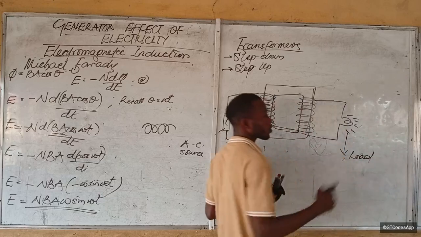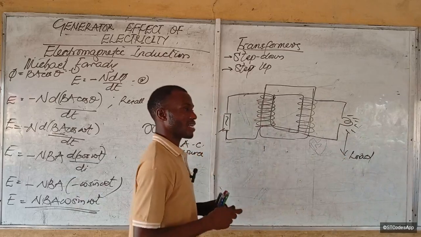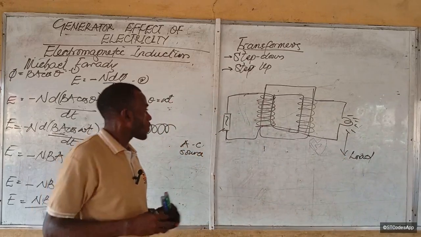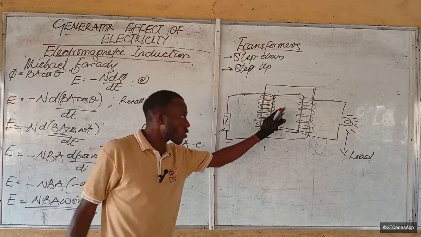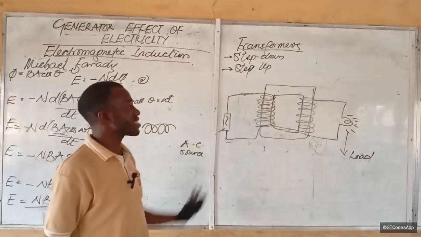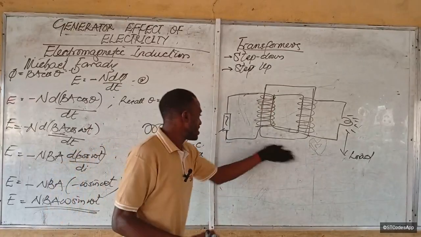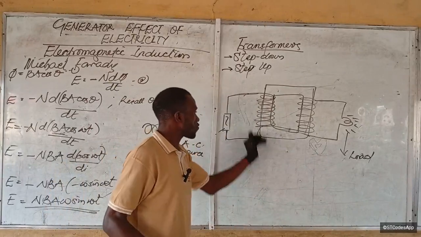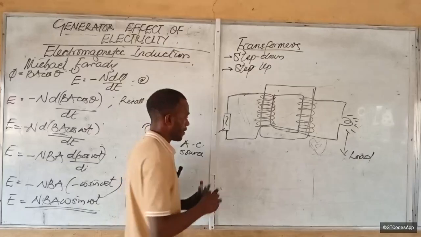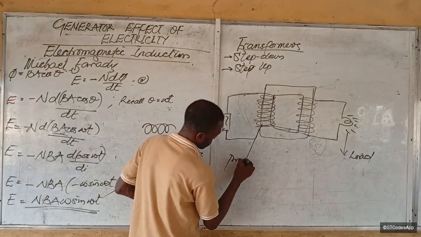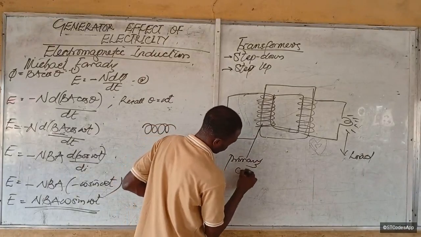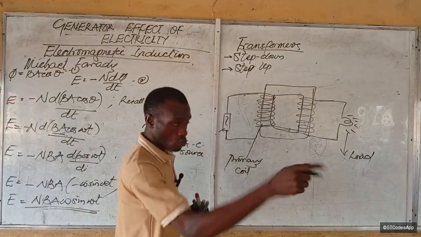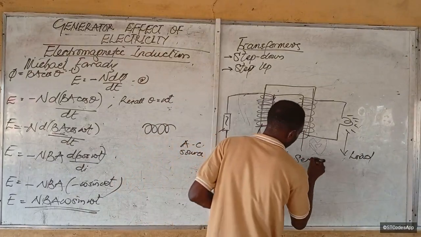This coil of wire that is connected to the AC source is called the primary coil. And the one that goes to the load is called the secondary coil.